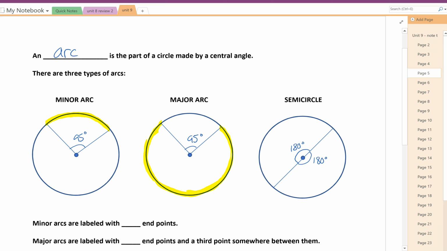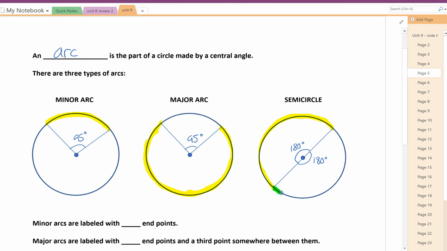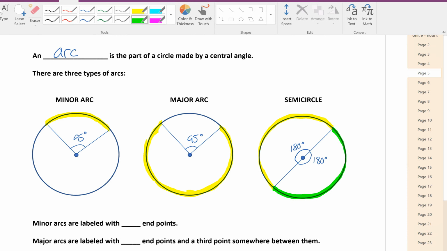If my central angle is exactly 180, then I don't have any minor arcs or major arcs because the two arcs are going to be exactly the same. Both of those arcs are going to cover 180 degrees of rotation. So I can have minor arcs, major arcs, or a semicircle. And the only time you have a semicircle is when your arc is exactly 180 degrees.